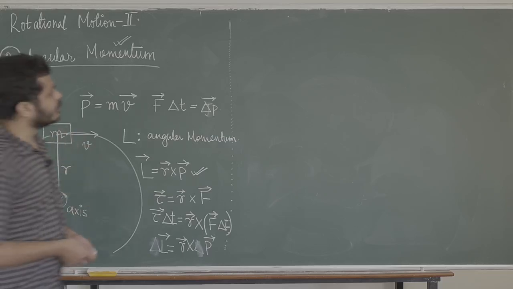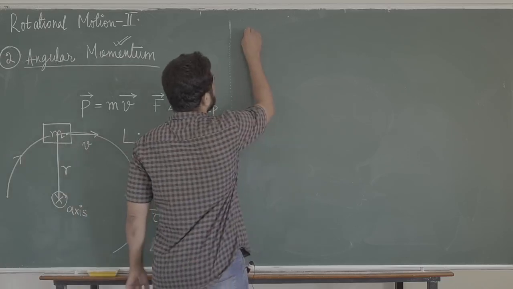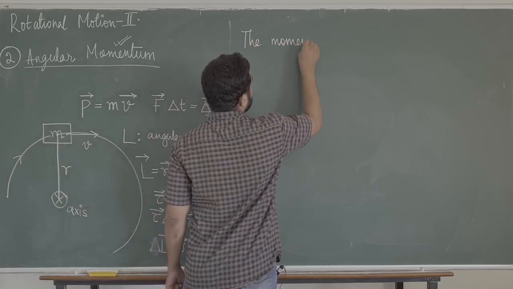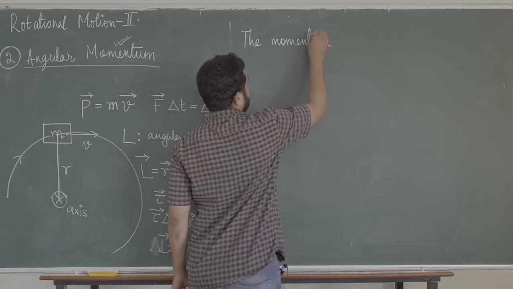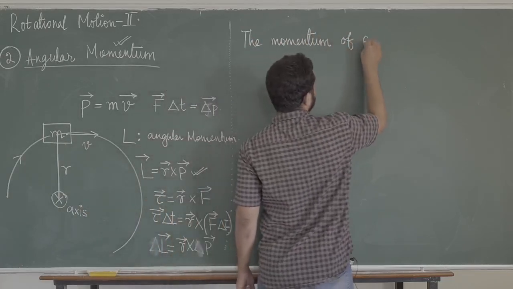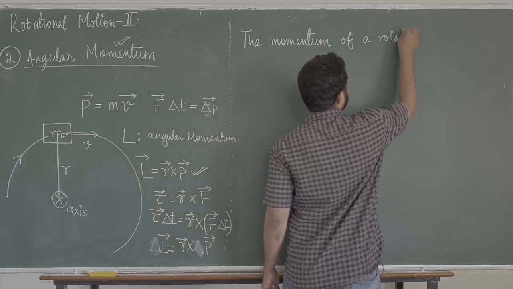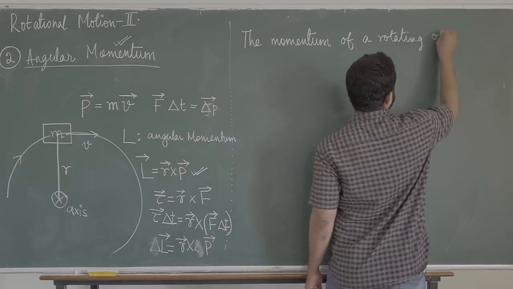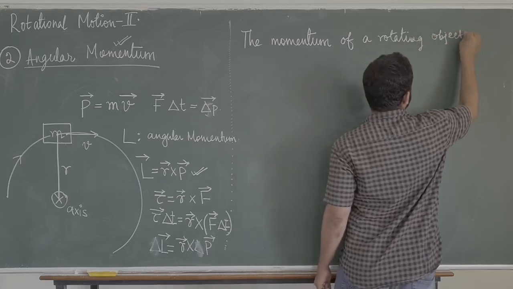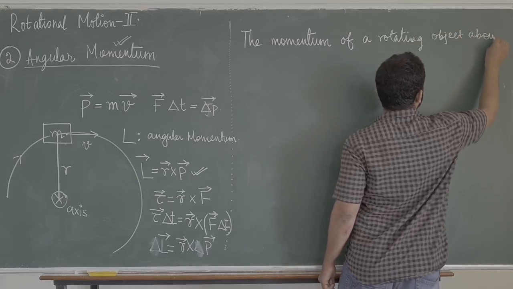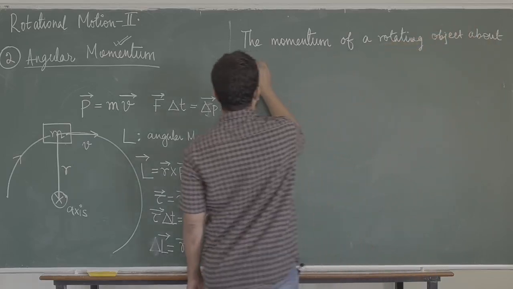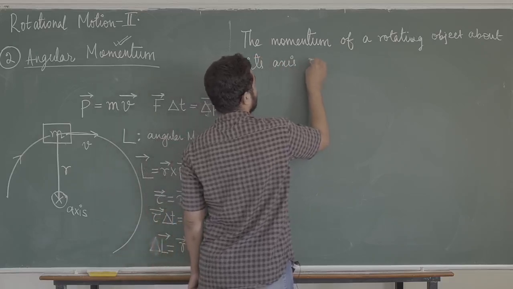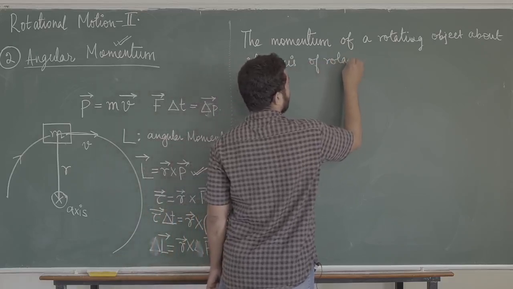So if you want to write a definition for angular momentum, the momentum of a rotating object about its axis of rotation is called angular momentum.